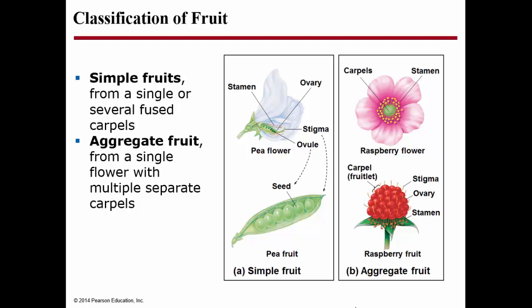Most of the fruits that we're familiar with are called simple fruits. They're ones that arise from a single or several fused carpels. This pea pod is a single fruit because it formed from a single ovary.